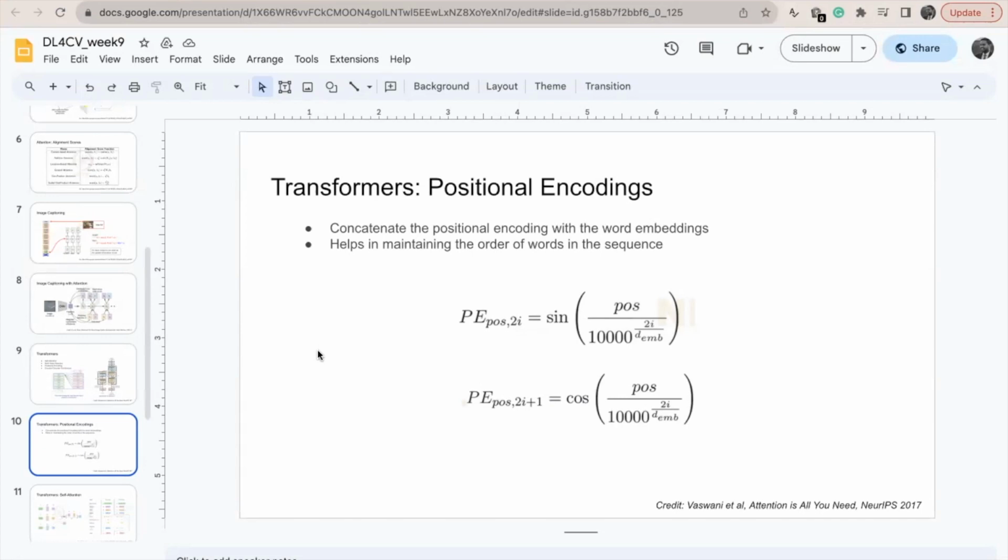So what's the point of doing a positional encoding? What you can do is initially start by giving position number 1 to the first word, position number 2 to the second word, and so on. But this is not a good idea, because this number will increase eventually to, let's say, 10 or 30.